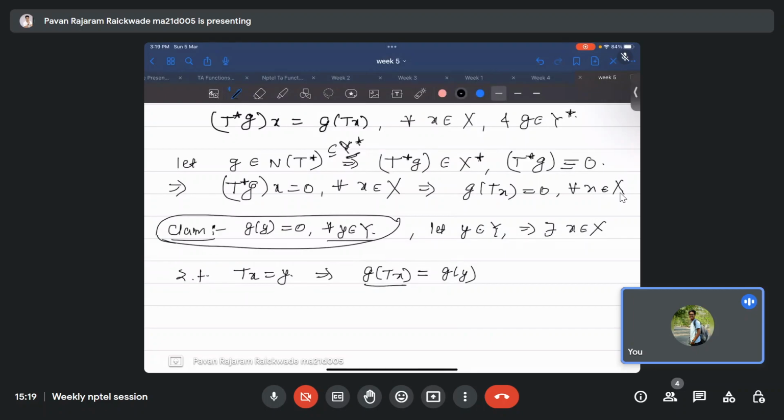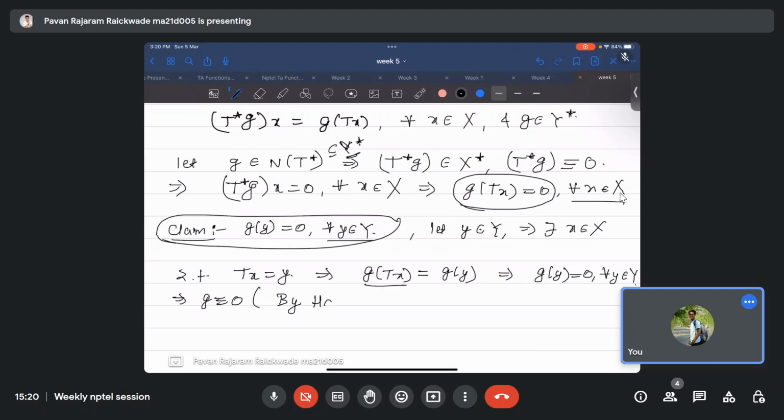But what we know here is G of Tx is 0 for all x belonging to capital X. This implies G of y is also 0. This is happening for all y, which guarantees that G is identically 0, by a consequence of Hahn-Banach. That means the null space of T star is singleton 0 and T star is one-one.